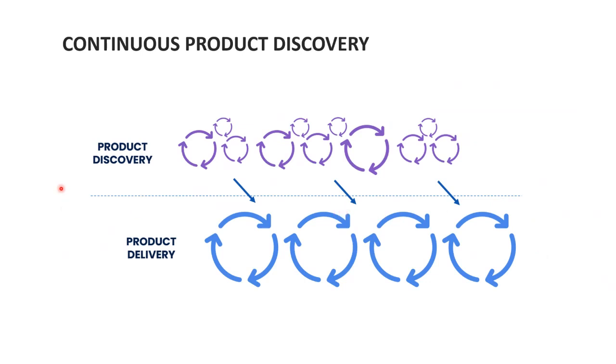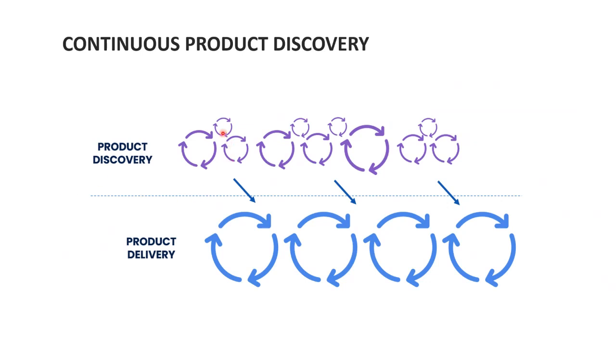What's important is that continuous product discovery is not something that we do upfront. So it's not about discovering the solution, describing our product in detail, and then starting like 3 or 4 months of implementation phase. This is done continuously.